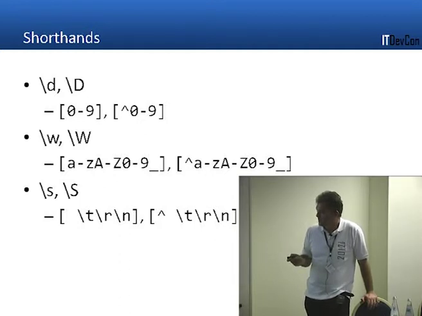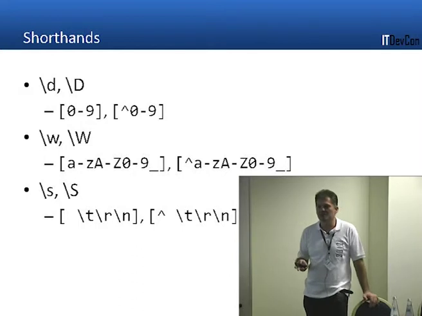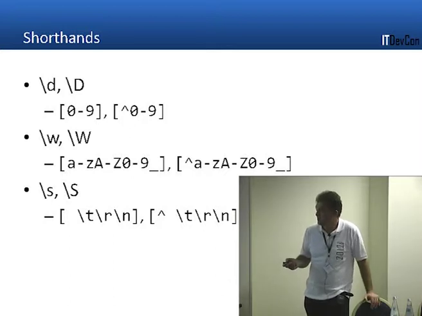And we have \s for space, or \S for not space, which expands, okay, what it expands to is dependent on the implementation, on the flavor. But in most cases, it will mean the same as ASCII space, tabulator, carriage return, or line feed.